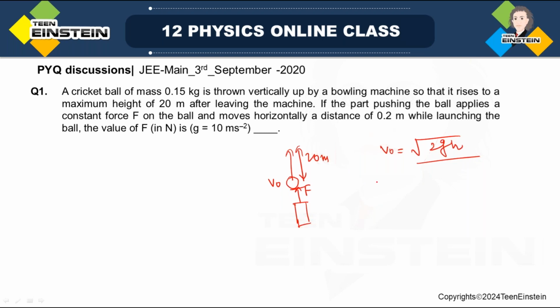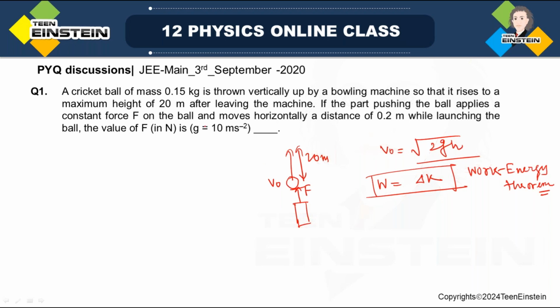Work energy theorem says work done is change in the kinetic energy, right? This is work energy theorem. You might be thinking how we can use work energy theorem here. Let me tell you how. This is work energy theorem.